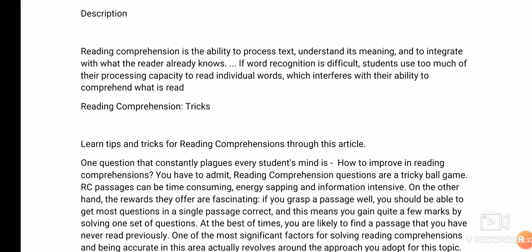So reading comprehension, what I have just read in these 3 lines, what does it suggest? It suggests that whenever such a thing comes, what you should do first. It is your ability to read and understand the paragraph, and it is your idea how to read and understand it, how things are according to yourself.